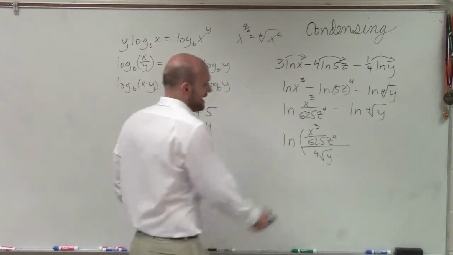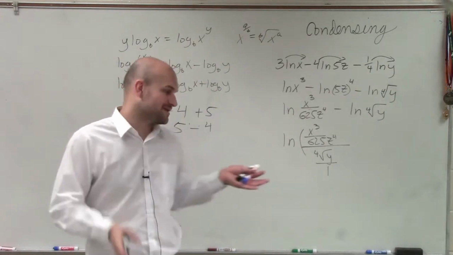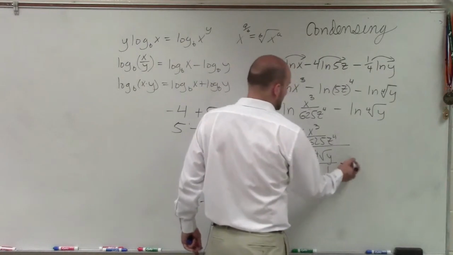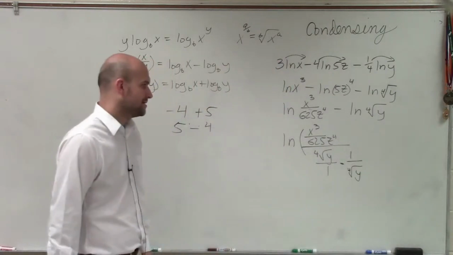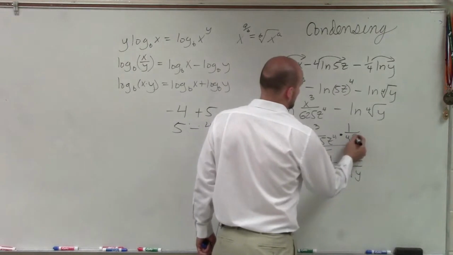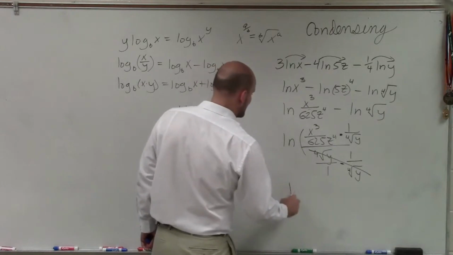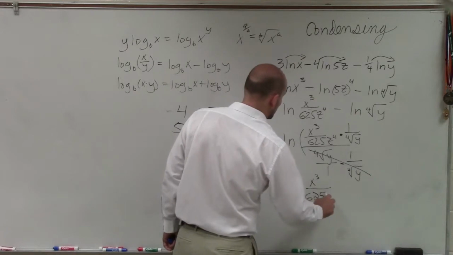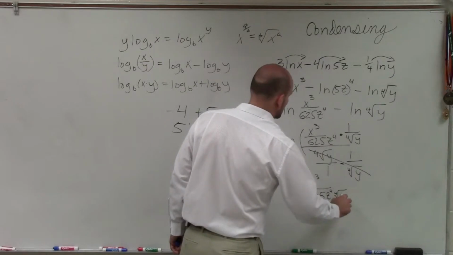Well, remember, we have a fraction in our numerator and a fraction in our denominator. So what I can do is just multiply by the reciprocal. If I multiply the reciprocal in the denominator, I can multiply by the reciprocal in the numerator. Therefore, this is just going to multiply out to 1. So my final answer is going to be ln of x cubed divided by 625 z to the 4th times the 4th root of y.